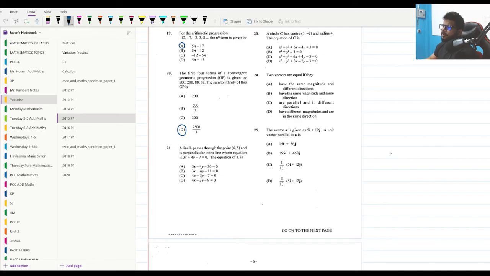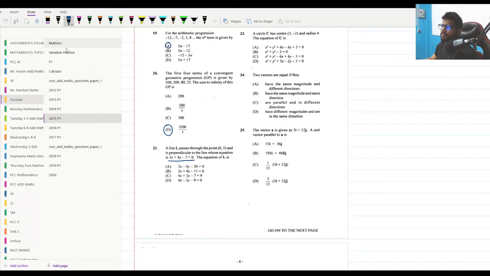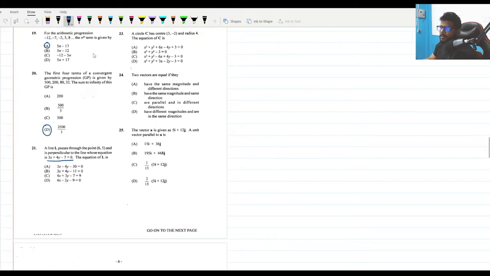If I could figure out the gradient of this particular equation, which I'm going to do now, 4y is equal to minus 3x plus 7, and y is minus 3/4 x plus 7 over 4. This is the gradient of this line here. The gradient of the line perpendicular to this, which is L, is going to be 4 over 3.